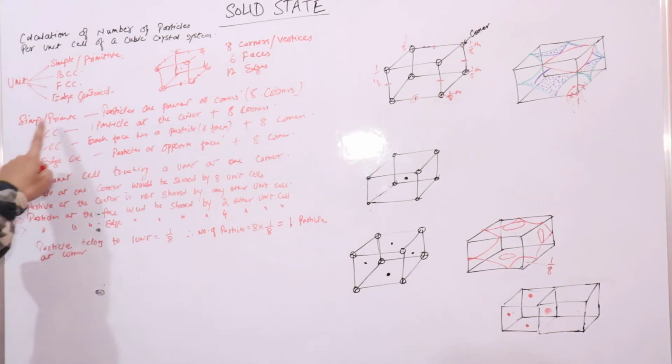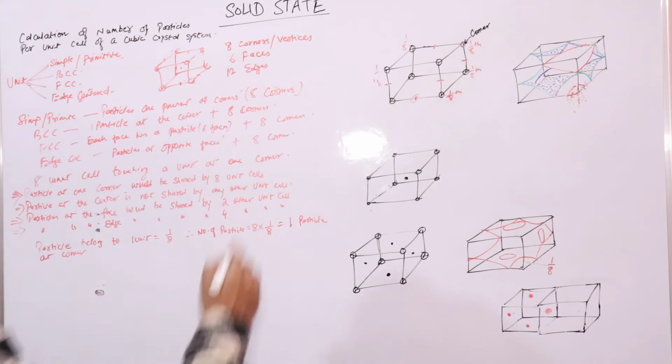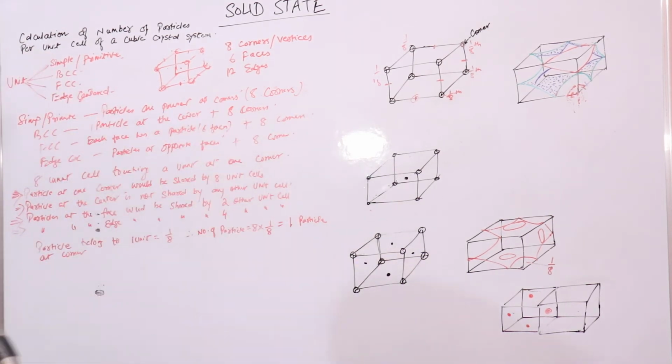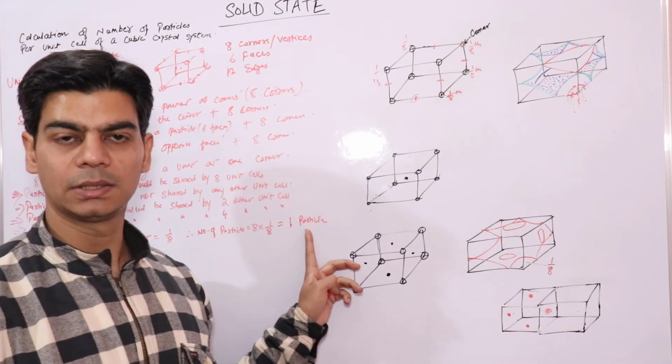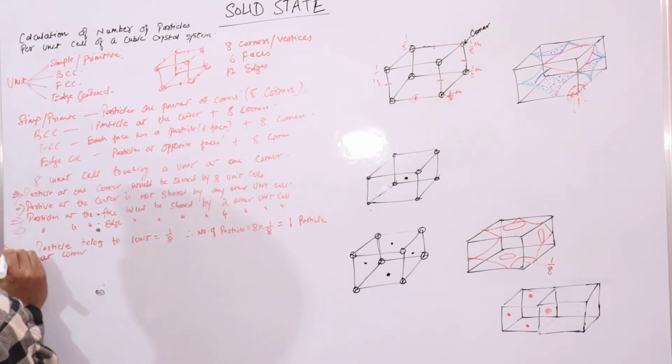for simple primitive, because particles are only present at the corners. So here we have 8 corners. So for a simple or primitive unit cell, we have 1 particle per unit cell. Similarly, if we talk about BCC, body centered, this was for the simple unit cell.